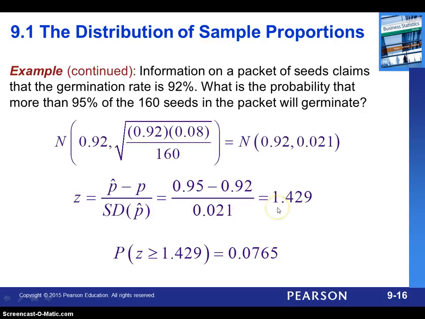So we get a z-score of 1.43. Then we go to our z-table lookup, and we find the area for a z of 1.43. Now, z greater means that's going to shade to the right. The table is going to give us the area to the left. So we're going to subtract the table area from 1, and we're going to find the probability that at least 95% will germinate.